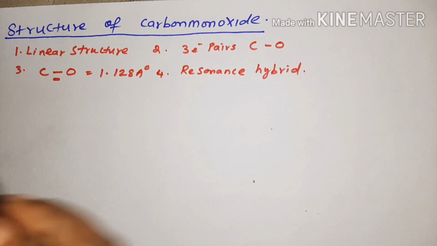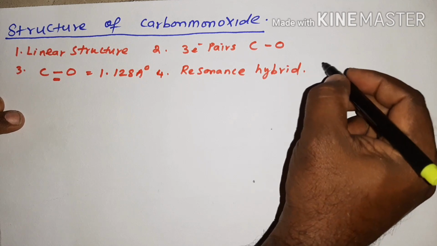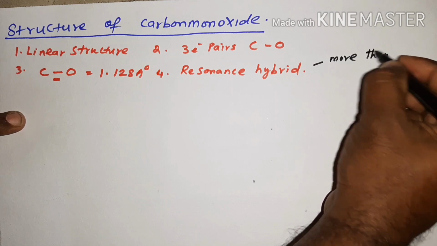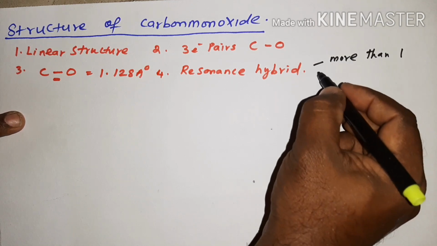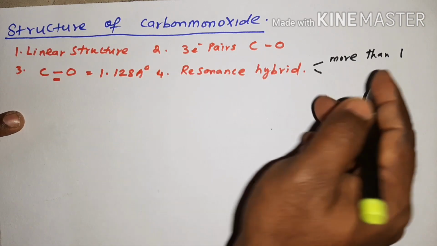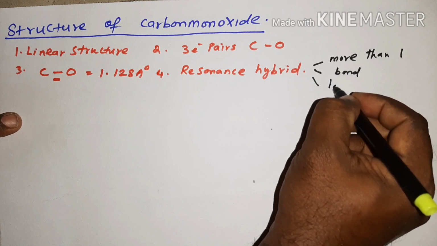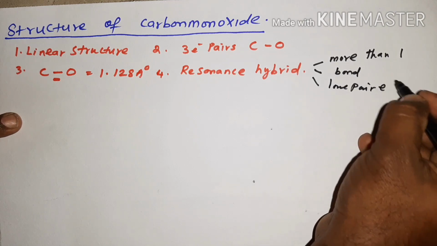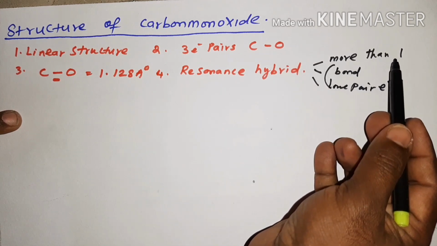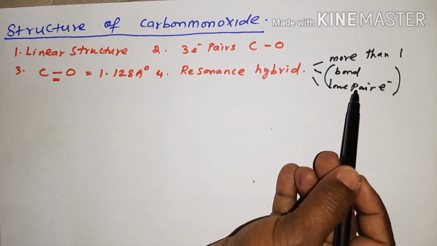Resonance means any molecule can be expressed by more than one structure, but those structures will differ in the bonds and lone pairs of electrons.